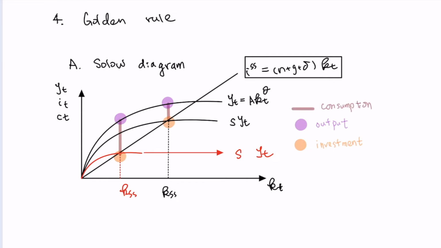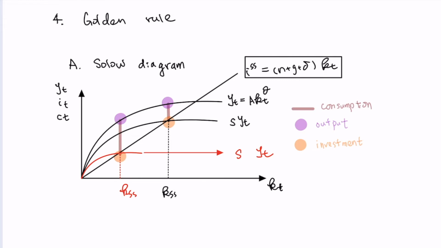So when we are given a higher saving rate, we are going to have a higher output in the steady state. But it is not necessarily the case that we are going to have a higher consumption. Therefore, there exists an optimal level of the saving rate that maximizes the consumption.